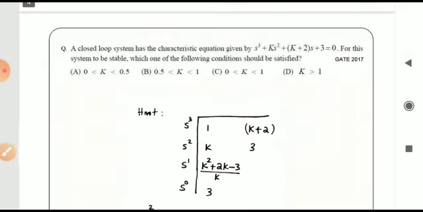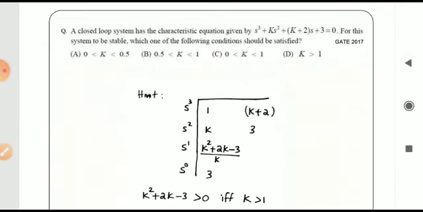Now coming to the third question. A closed loop system has the characteristic equation given by s cube plus K s square plus K plus 2 into s plus 3 equal to 0. The system to be stable, which one of the following conditions should be satisfied?